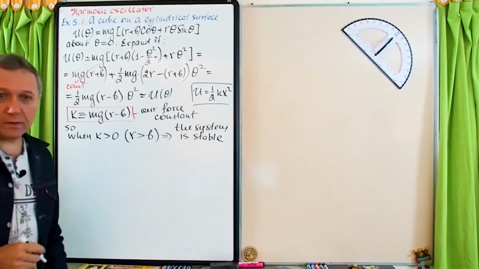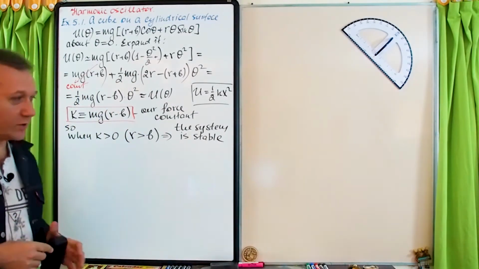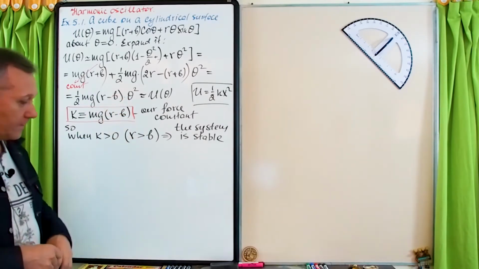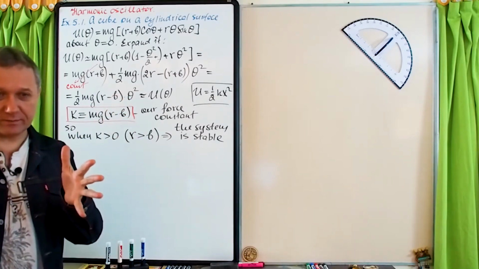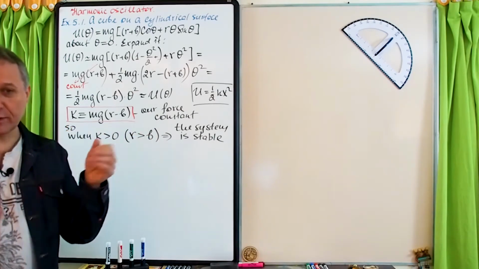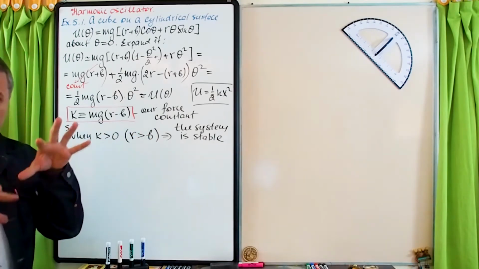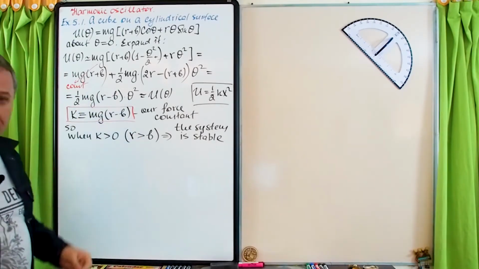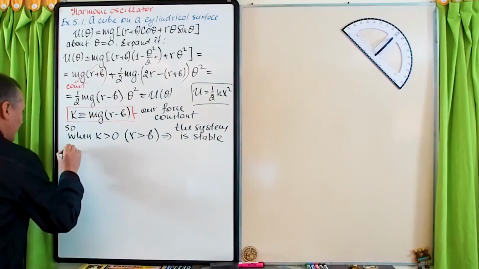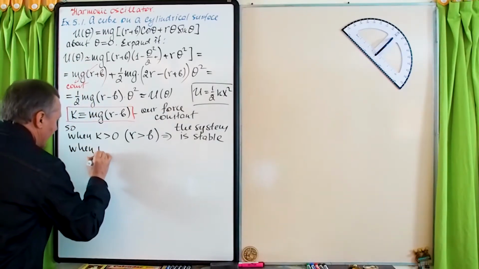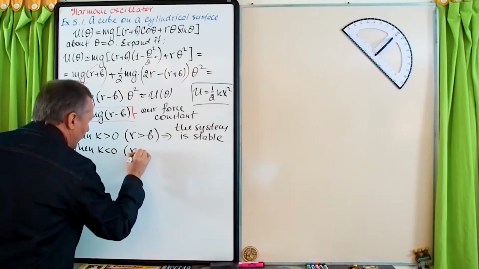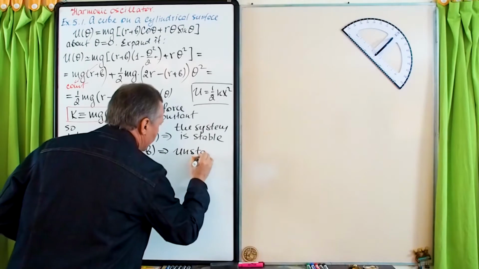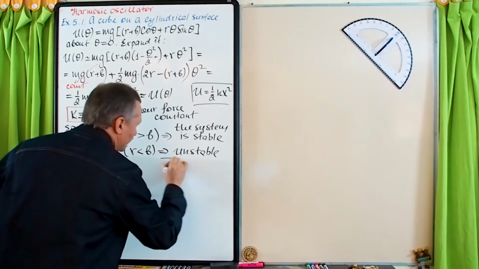And we ended up with the same conclusion analyzing that potential energy in that example. When the size of the cylinder is larger than the size of the cube, the system is stable. It will oscillate indefinitely. And that's what we got here using a slightly different approach. And of course, when k is negative and r is less than b, then the system is unstable. So the same results.